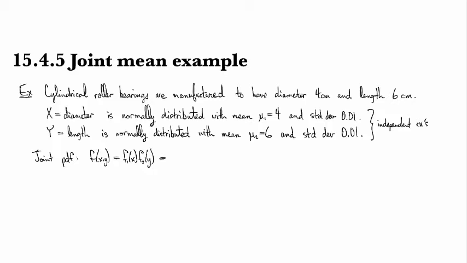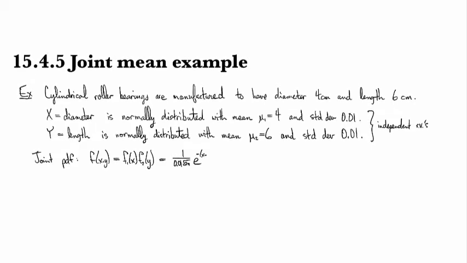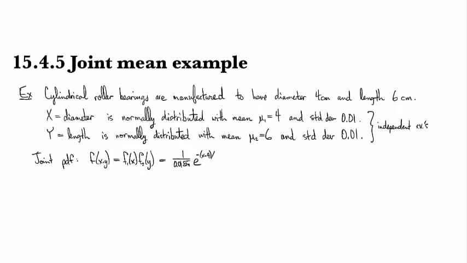And so if we look up in our table of probability distributions what it looks like, we're going to have 1 over the standard deviation times the square root of 2 pi, times e to the negative (x minus the mean, which in this case is 4) squared, divided by 2 times the square of the standard deviation.